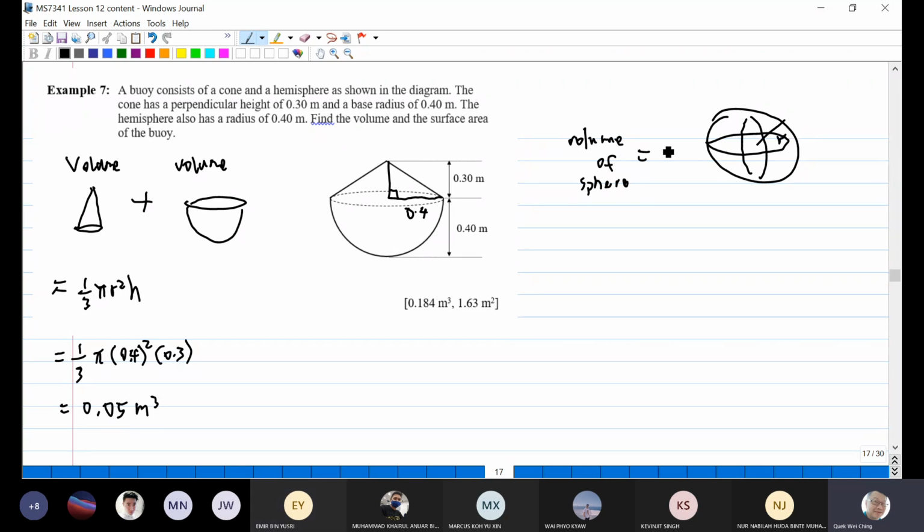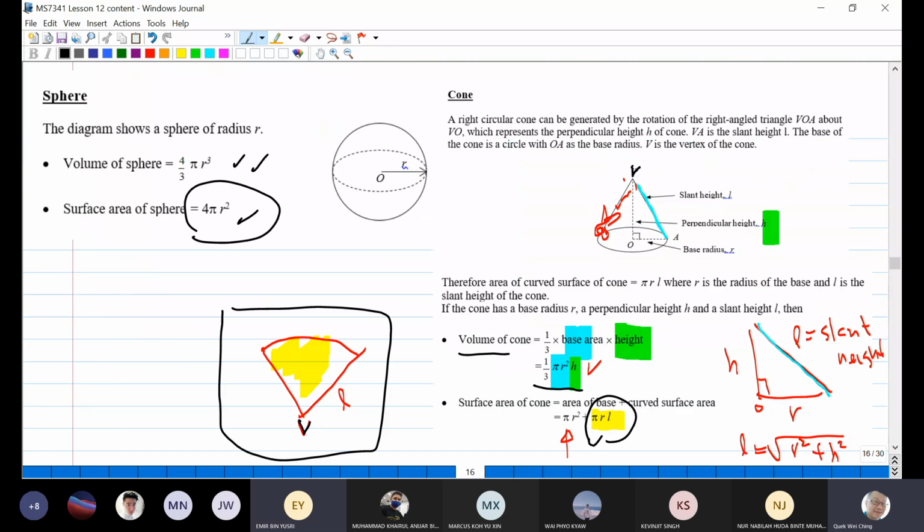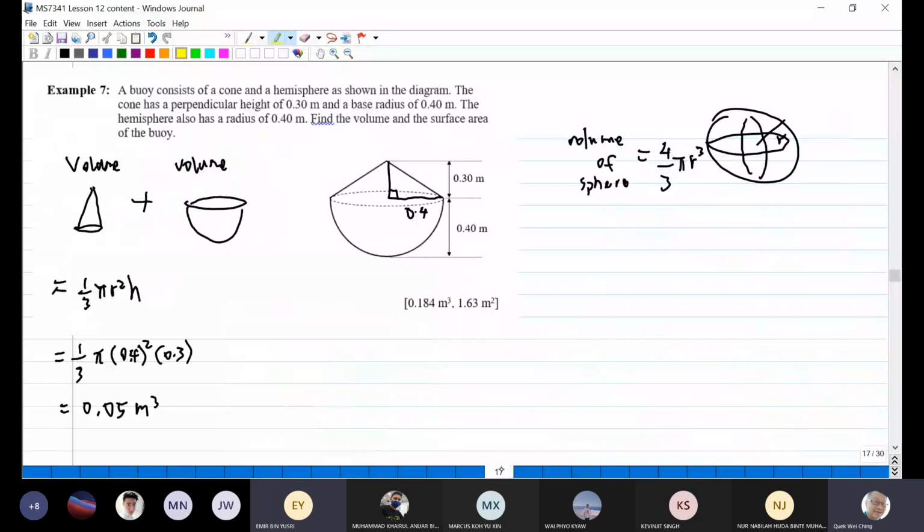The volume of a sphere is 4/3 pi r cube. That is the formula again. Now, a hemisphere is half a sphere, right? So the volume of the hemisphere is half of it.